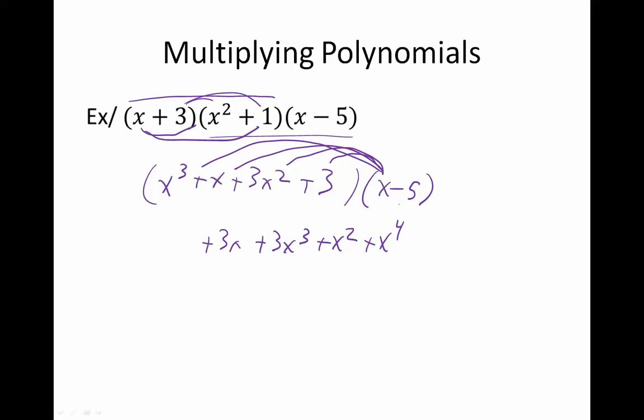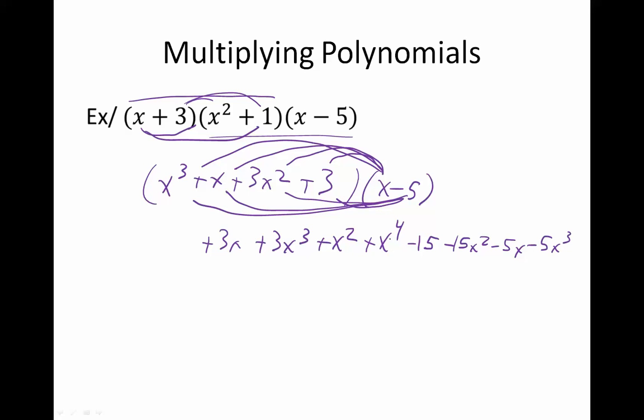Now we do the same thing with the negative 5. Negative 5 times 3, minus 15. Negative 5 times 3x squared, negative 15x squared. Negative 5 times x, negative 5x. And negative 5 times x cubed, negative 5x cubed.